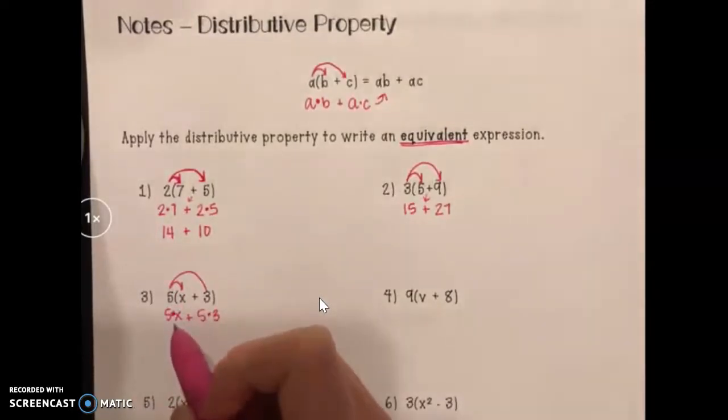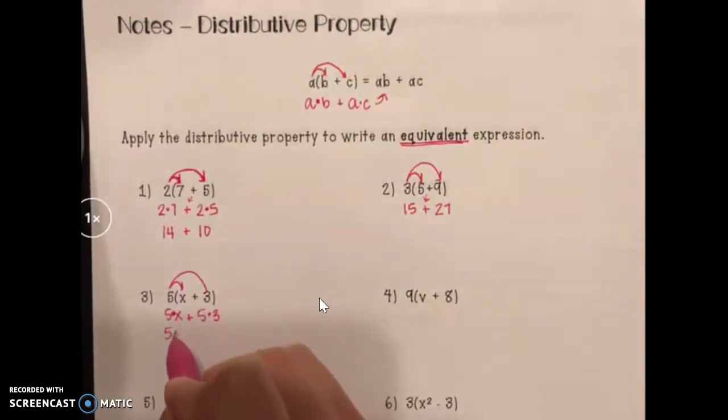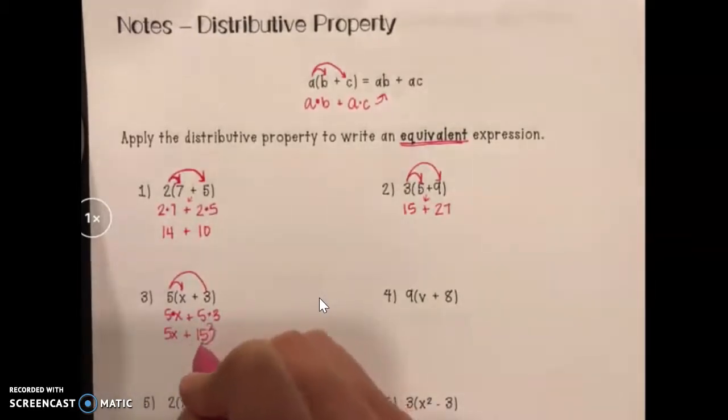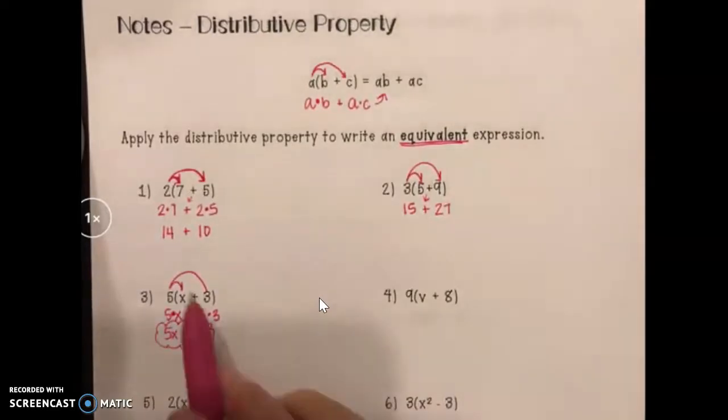I don't know what x is yet, so I can't multiply 5 times what? We don't know. So it's just going to be 5x. Remember, a number right next door to the variable means that is a multiplication. So 5x plus, and we can simplify this, 15. So 5x plus 15 is an equivalent expression to 5 in parentheses x plus 3.